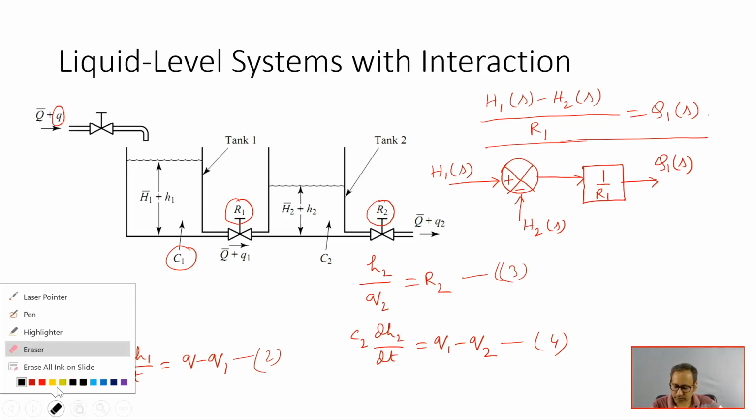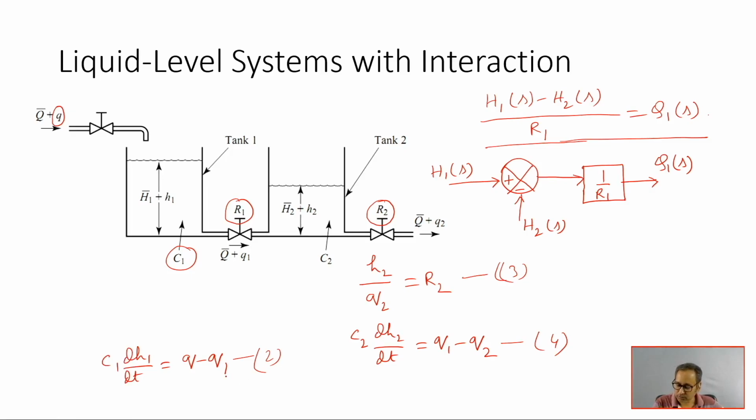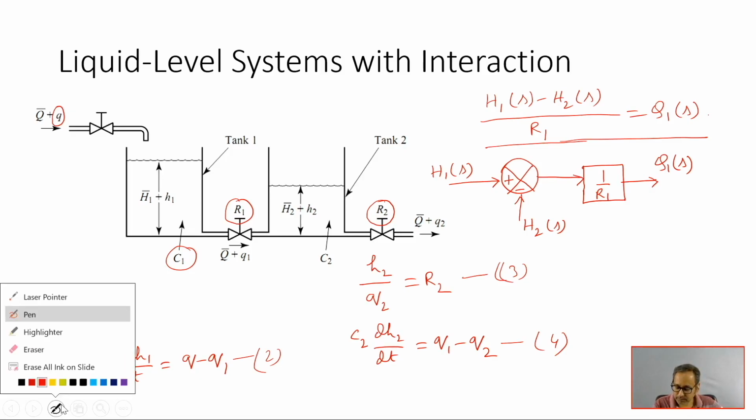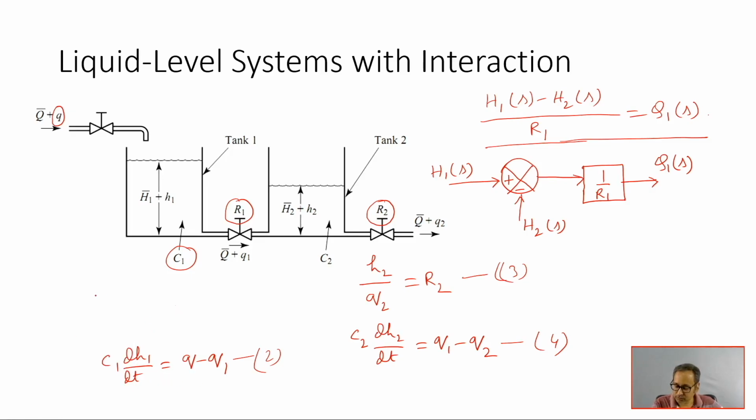From equation 2, the Laplace transform is C1 s H1(s) equal to Q(s) minus Q1(s).